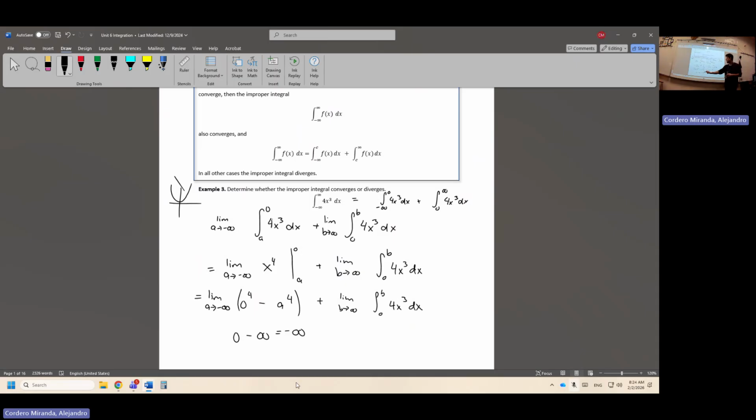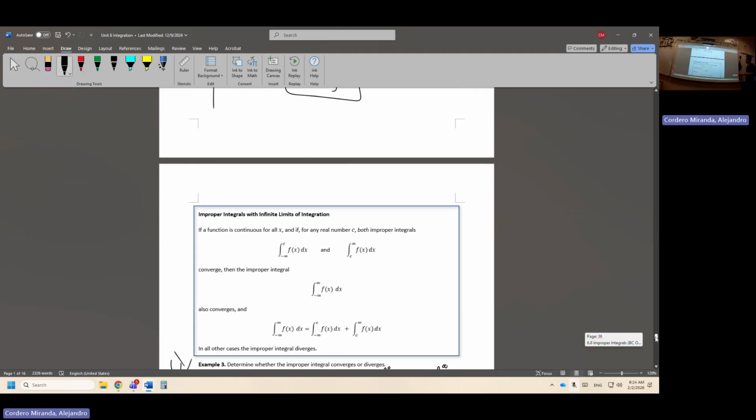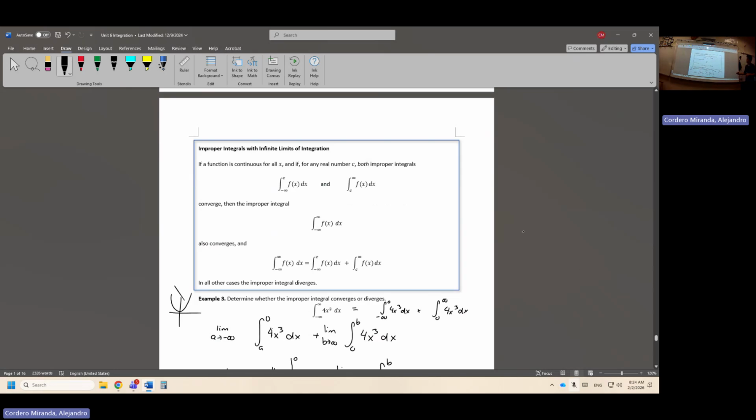You can just stop here because the definition for when an integral like this, that goes from negative infinity to positive infinity, would converge is that it only converges if both of the things converge. I'm trying to look for it. There it is.